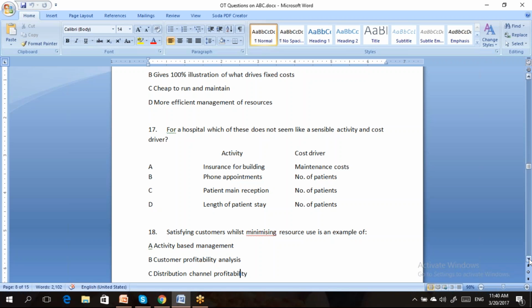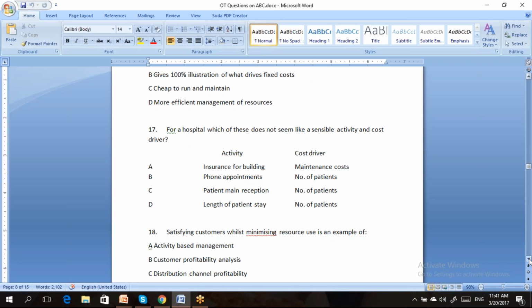Insurance for building, maintenance cost, I think is surely something which is a sensible activity, cost driver and a cost activity. Patient maintenance, reception, number of patients, I think that is also good. Look at the D and B.